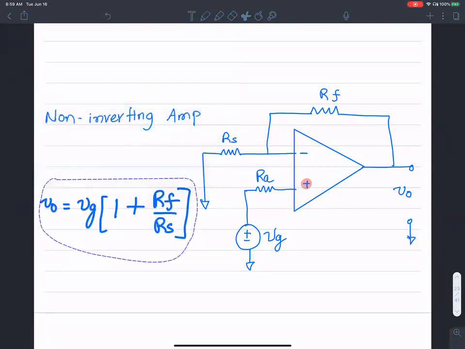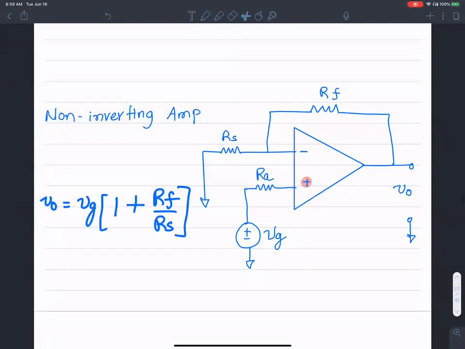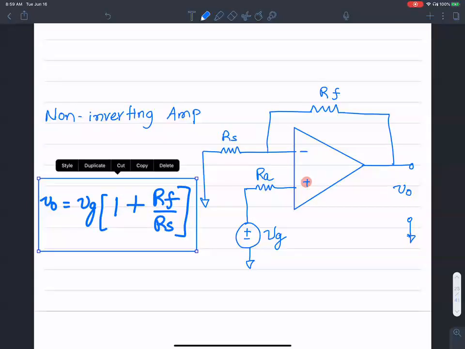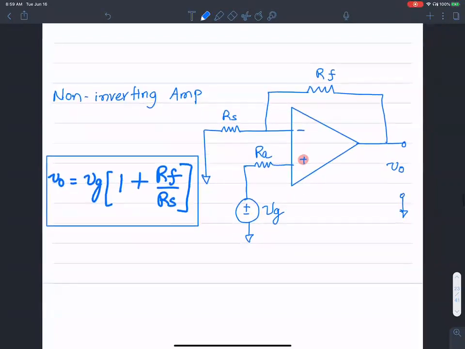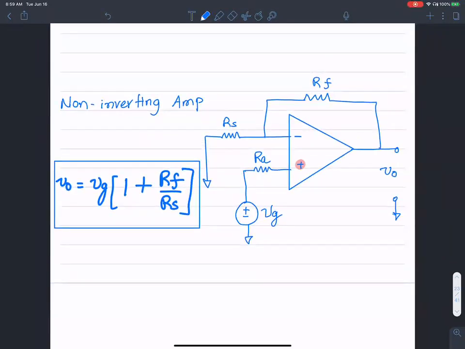That's the primary result of the non-inverting amplifier. Questions, please. Questions so far? So that's what we did so far. We looked at a non-inverting configuration and an inverting configuration.